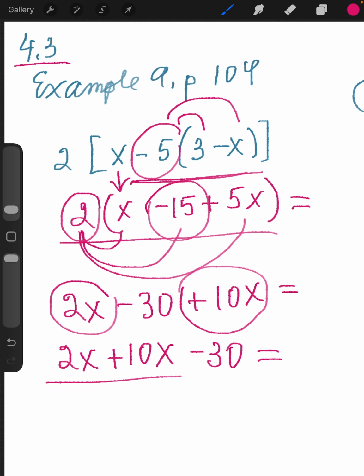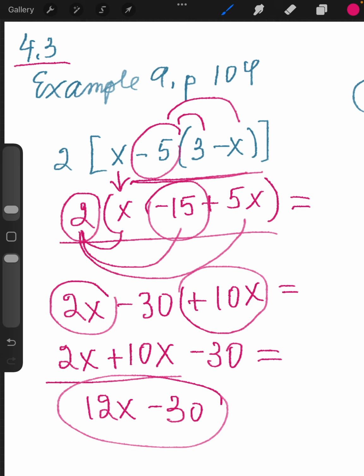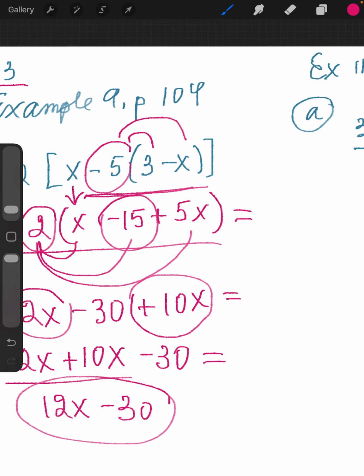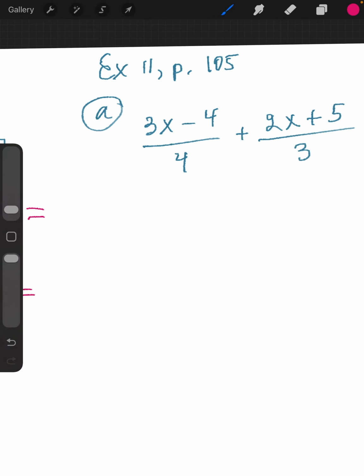And then 2x plus 10x, of course, is 12x minus 30. And we'll look at the solution on page 104 and see that we did a good job and we arrived at the same solution exactly. I hope it was easier for you, however, to see the way that I'm solving it step by step. Of course, you can always look in the book as well.